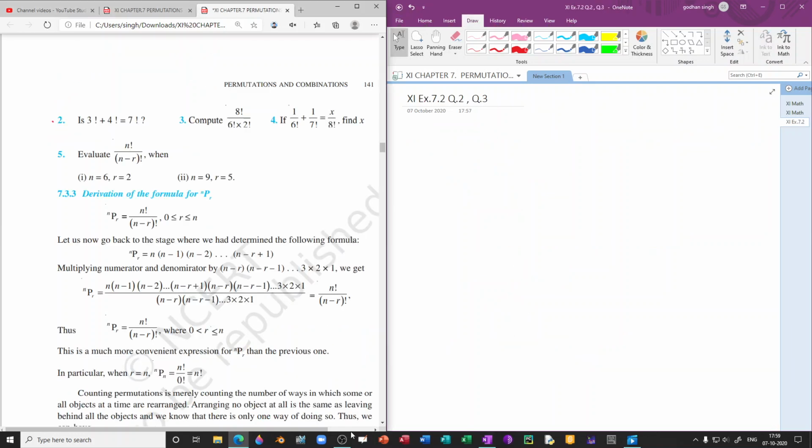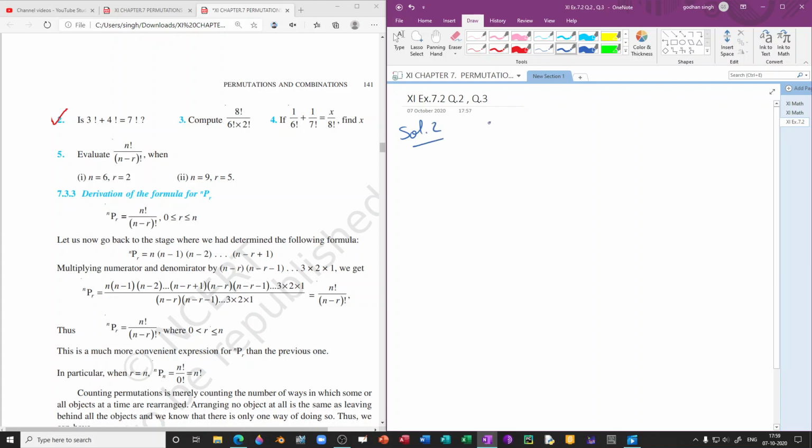Exercise 7.2, question number 2. Is 3 factorial plus 4 factorial equal to 7 factorial? So solving question number 2, solution 2. 3 factorial plus 4 factorial will be equal to 3 into 2 into 1 plus 4 into 3 into 2 into 1, and that is equal to 6 into 1, that is 6, plus this will give us 4 into 3, 12, 12 into 2, 24, into 1, that is 24.